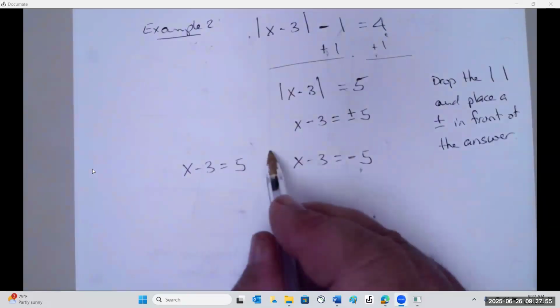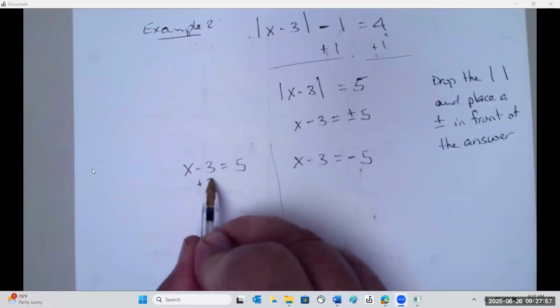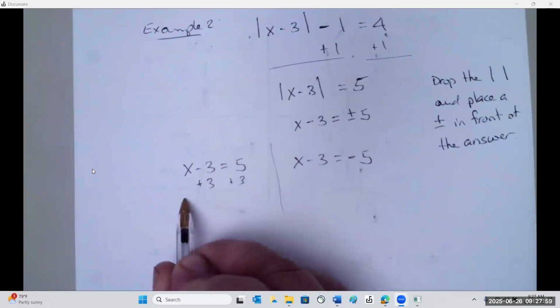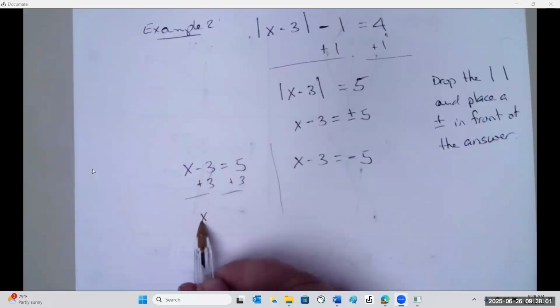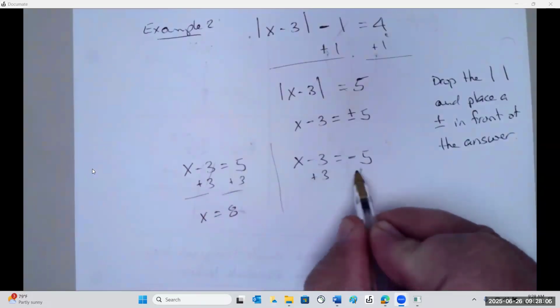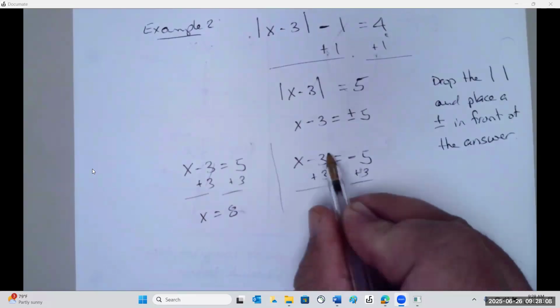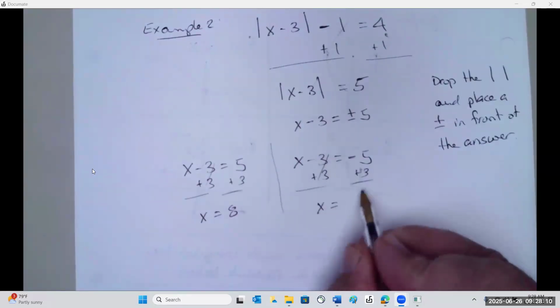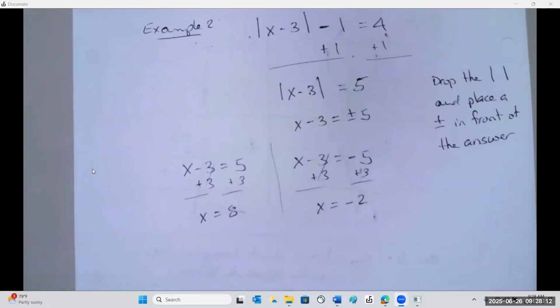Then we solve both of them separately. Add 3. So x is equal to 8. Add 3. x is equal to -2.